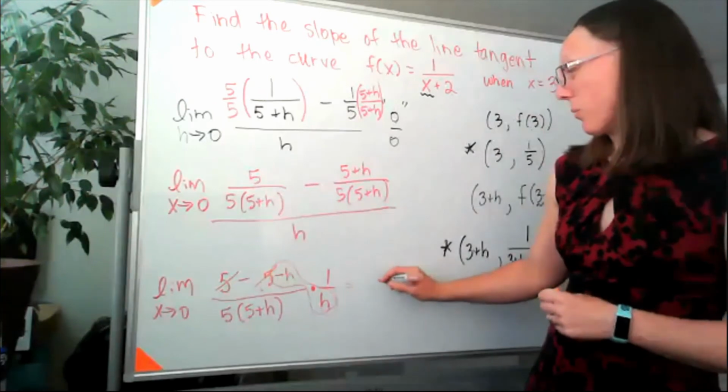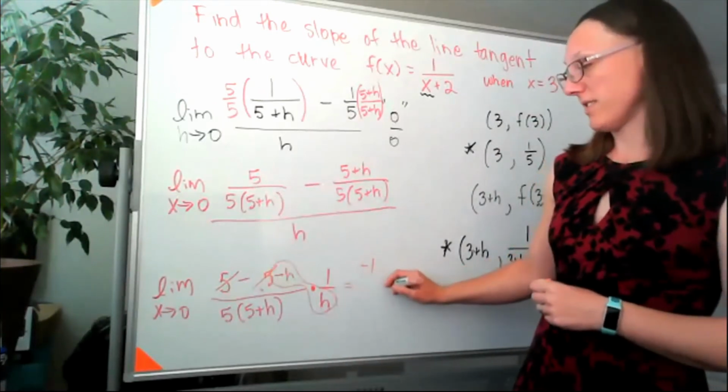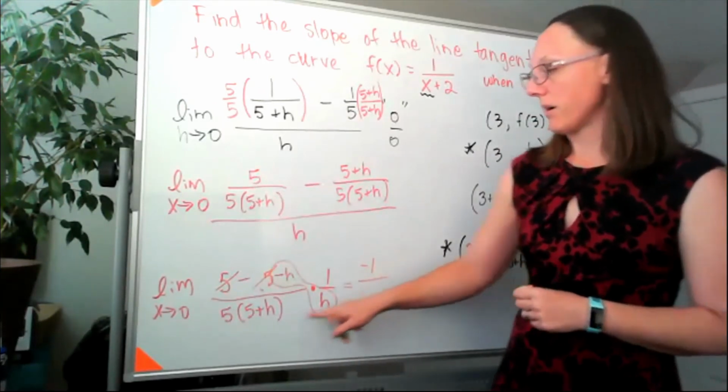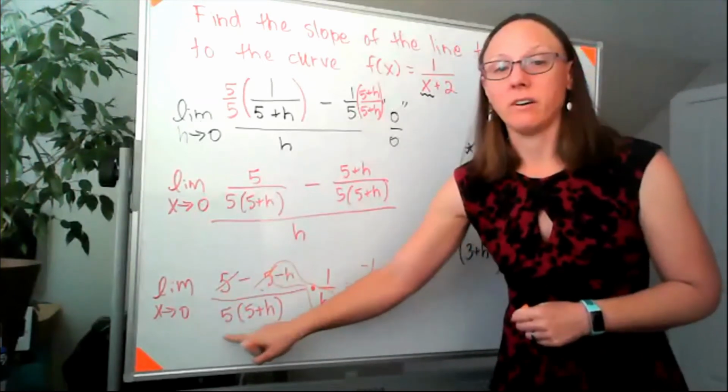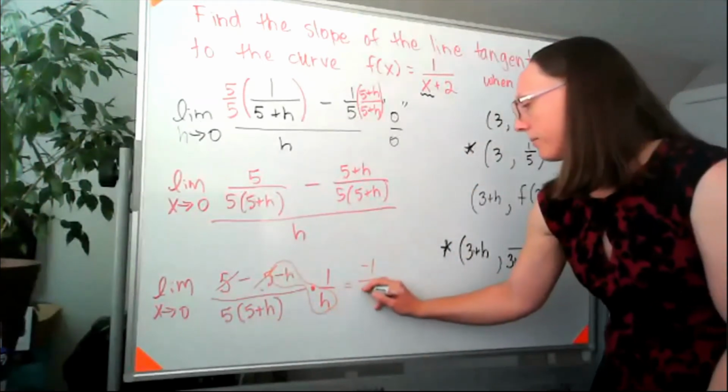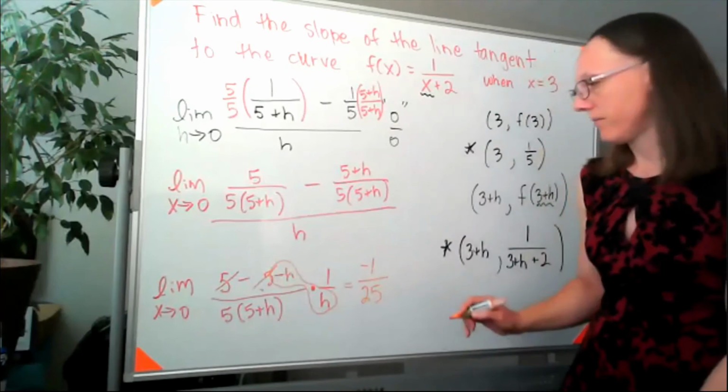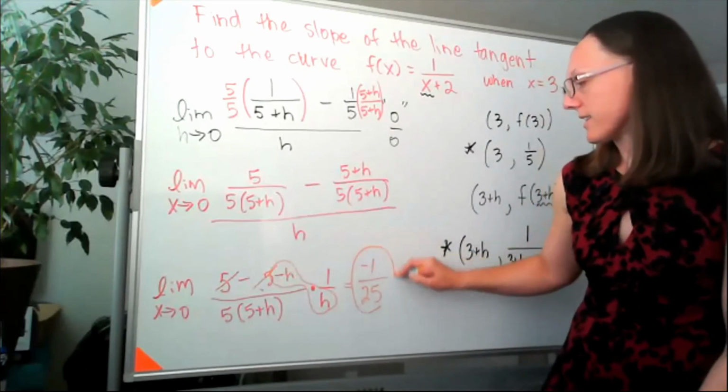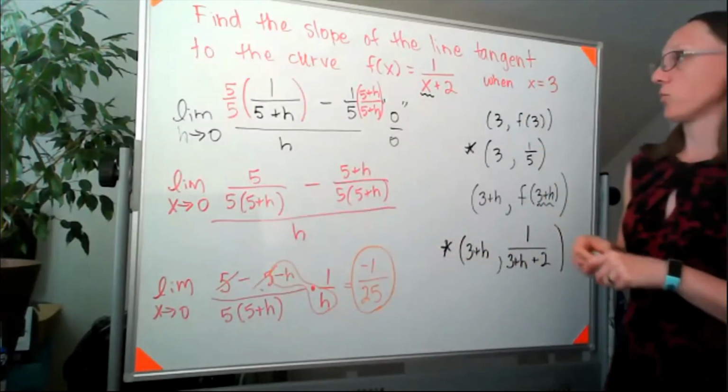So I'm going to end up with negative 1 on top, and in the bottom, when I plug in 0, I'll have 5 times 5, or 25. So my slope is negative 1 over 25.